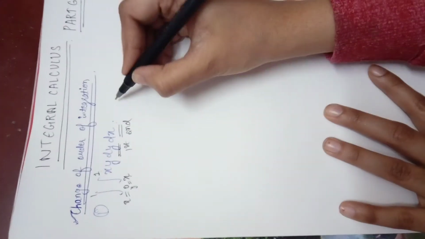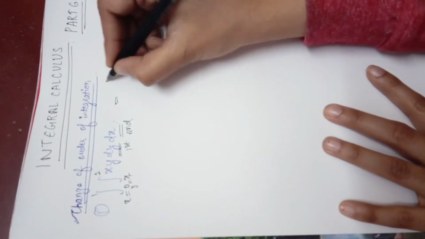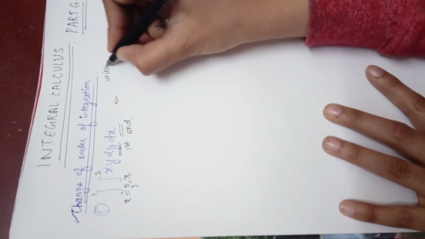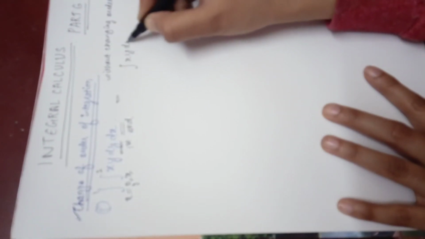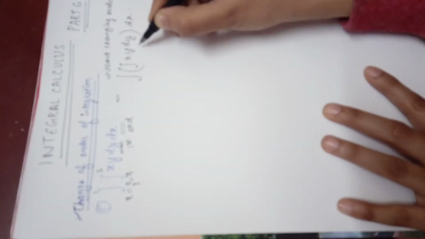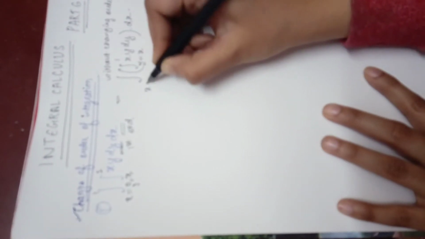So let's do it without changing the order of integration. If I proceed without changing, I have the integral of xy dy dx. I will be solving dy first, that's why I put a bracket. What are the limits for y? x to 1. For x it is 0 to 1.